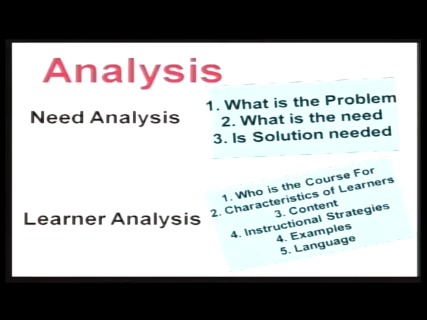So under analysis, the first sub phase is the need analysis. The second phase is the learner analysis. Now coming to the third phase under the analysis phase, the task analysis. Task analysis means if there is a certain task, what are the further activities under that task.